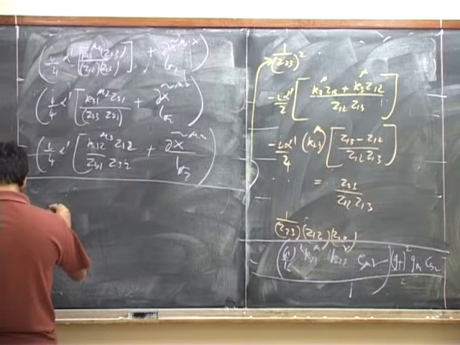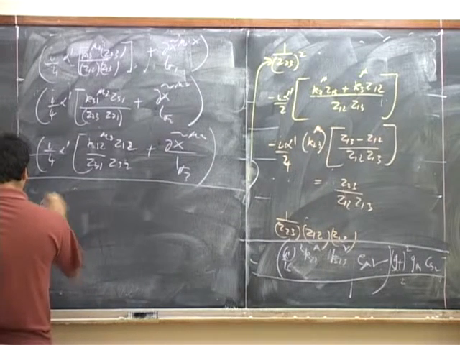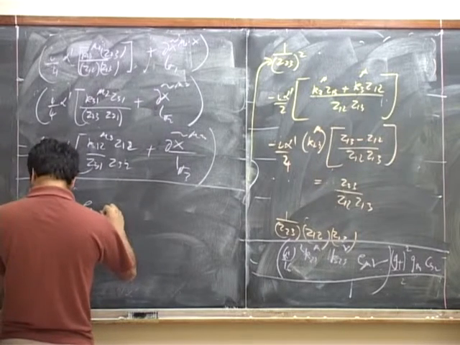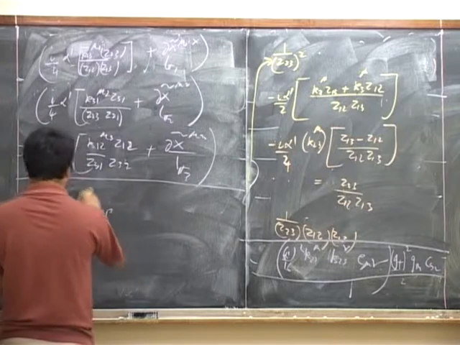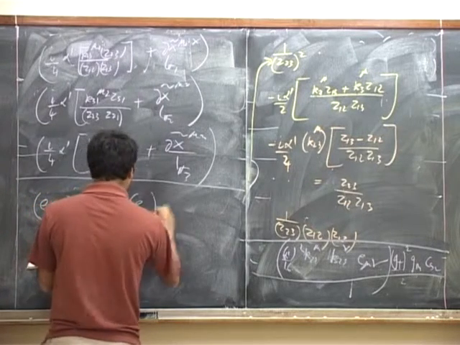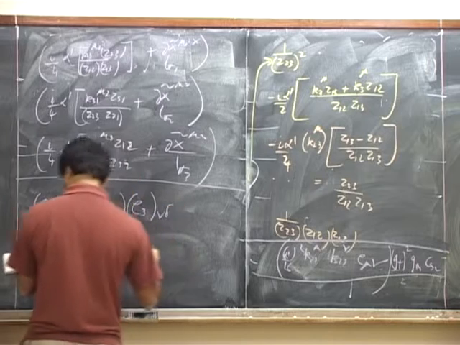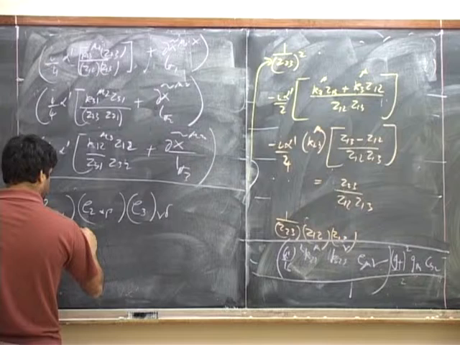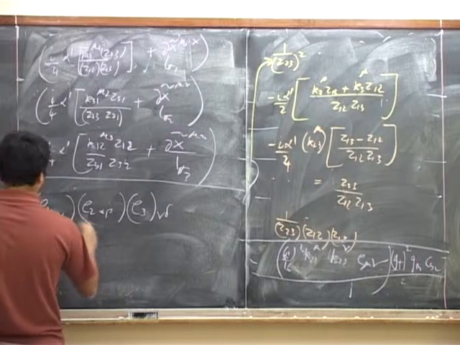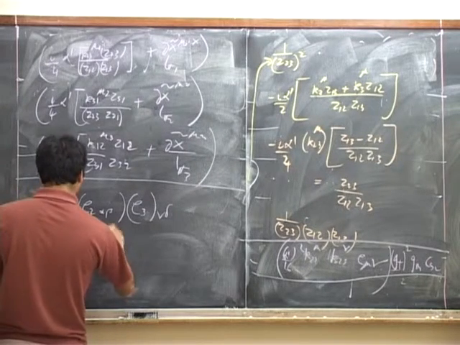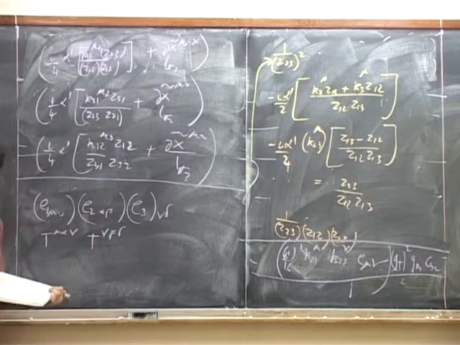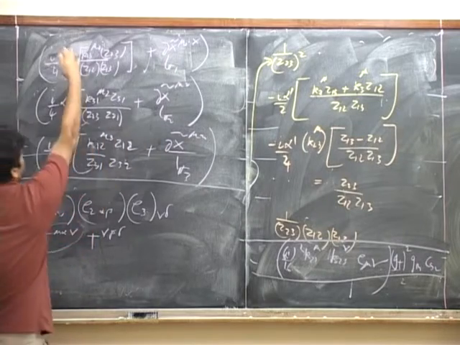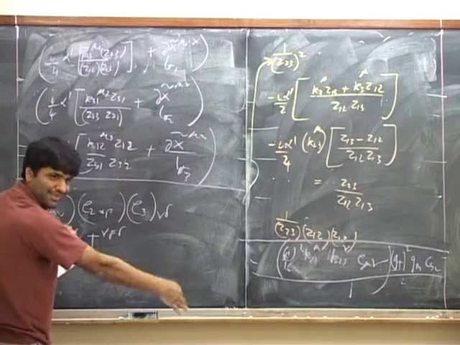He writes it down as E1 mu E2 alpha beta E3 gamma delta, then contracted with T mu alpha gamma T nu beta delta, where each of these factors is the factor you get from the left and from the right.